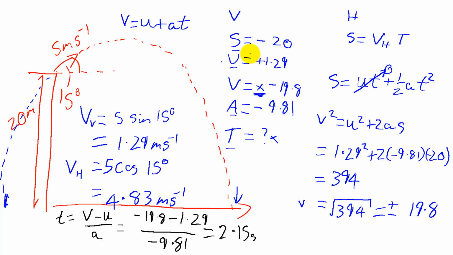So what we've done here is using our vertical components of this 2D projectile motion, we've been able to find the time that it takes for this object to complete its flight. We can now take this time and substitute it into our horizontal motion equation, and that will give us the total distance horizontally that we've travelled. So we take our time, multiply it by our horizontal velocity, so 2.15 times 4.83, and that will give us about 10.4 meters.